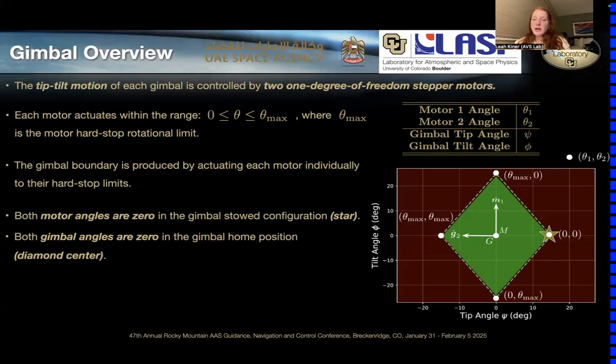And if we actuate motor two only, then the gimbal traces a path that is parallel to either the northwestern and southeastern edges. And when both gimbal angles are 0, that denotes the home position, which is at the center of this boundary, which is where the gimbal is during the majority of its actuation over the course of the mission.